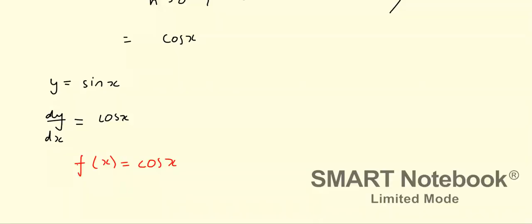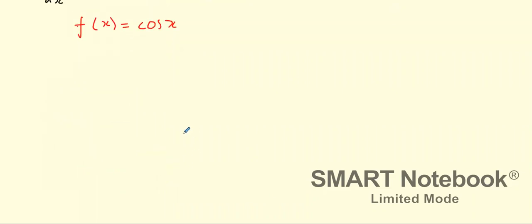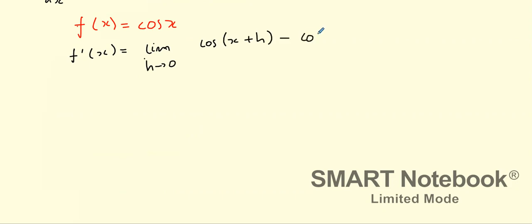So, looking at this, f dash of x is going to equal the limit as h tends to 0 of cos of x plus h minus cos x, all over h. So what's the first thing I'm going to do here? I'm going to do the expansion of cos of x plus h.